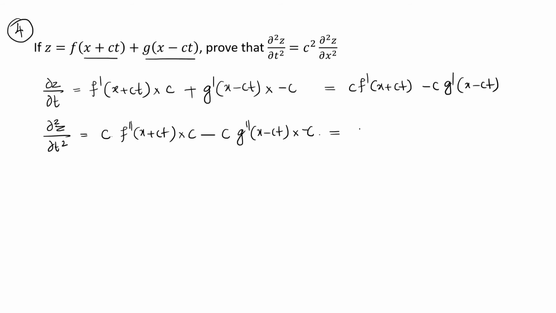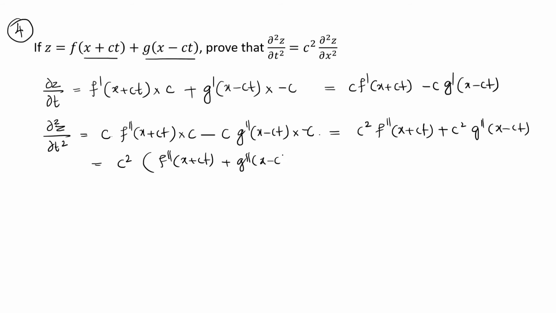Therefore, we can write this as c square into f double dash of x plus ct plus c square into g double dash of x minus ct. Taking c square common outside, we get c square into f double dash of x plus ct plus g double dash of x minus ct. We'll take this as equation number 1.